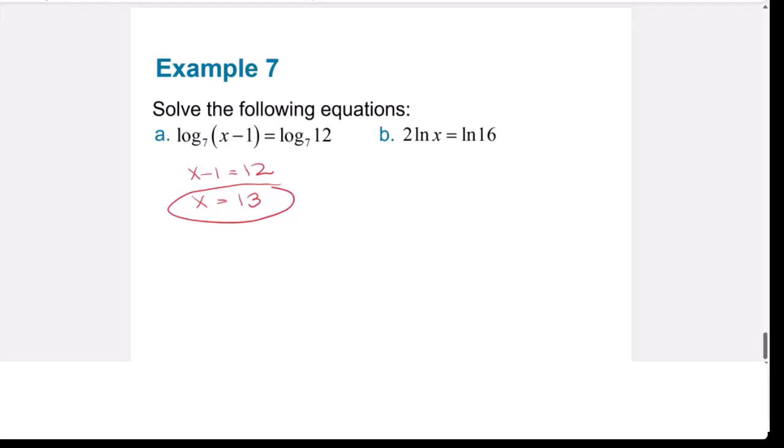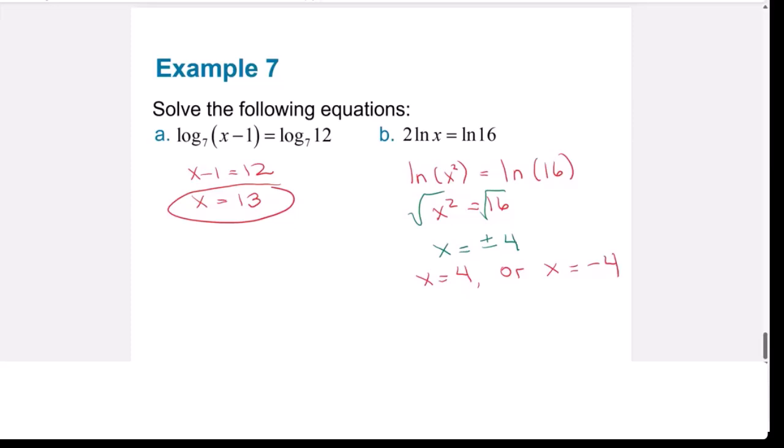We have to use our power rule to say that the natural log of x squared equals the natural log of 16. Now our logs are the same. x squared equals 16. I take the square root of both sides. x equals plus or minus 4. So that means x equals positive 4 or x equals negative 4.